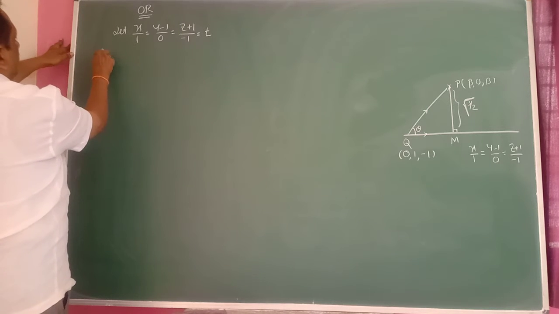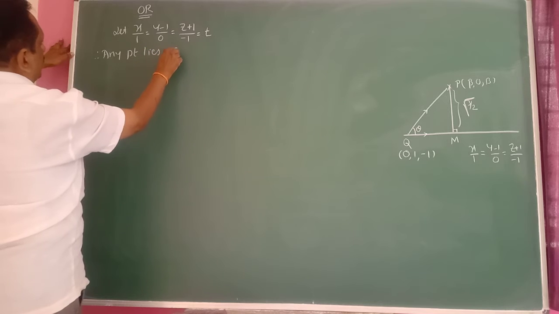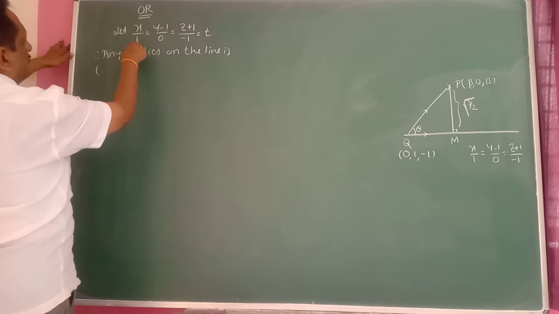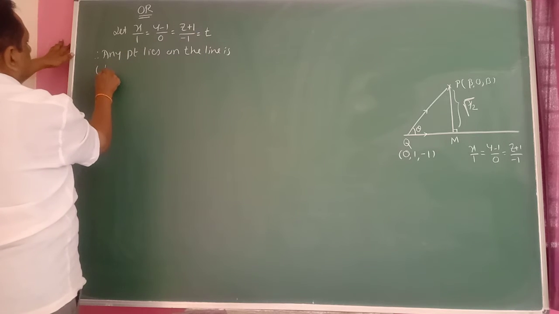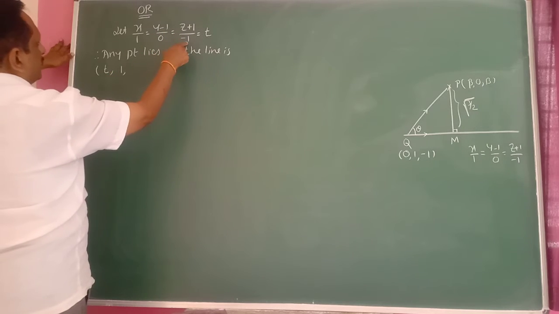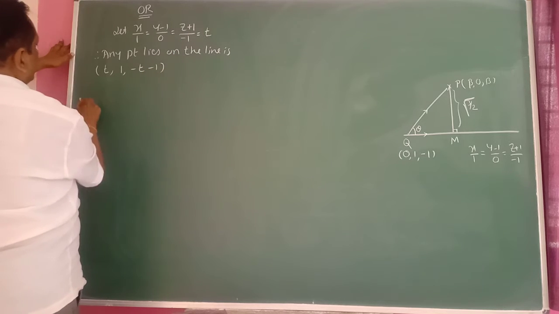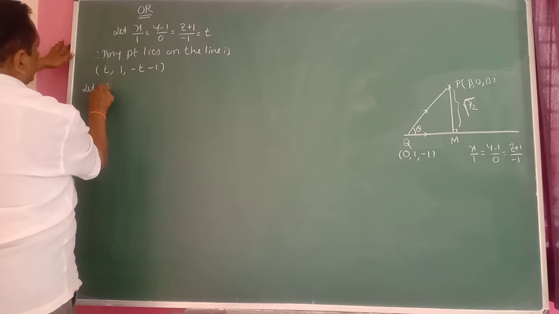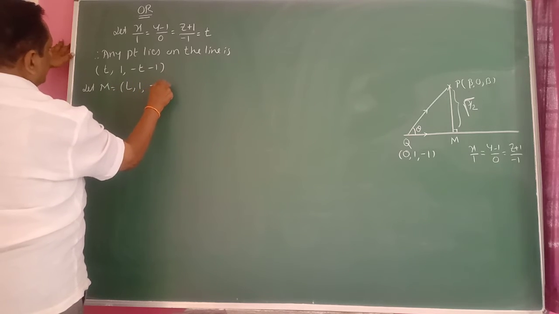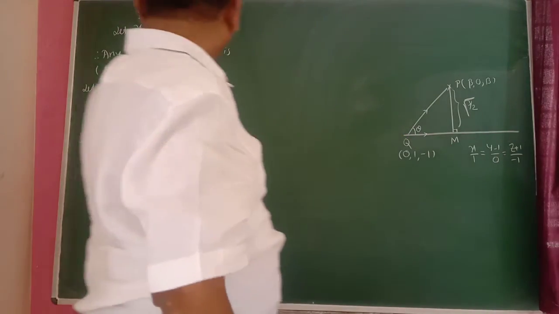Therefore, any point that lies on the line is: 1 into t becomes t, 0 into t becomes 0, minus 1 into t is minus t. Taking the constants to the right-hand side, let us consider M is equal to (t, 1, minus t minus 1). Consider this as the coordinates of M.